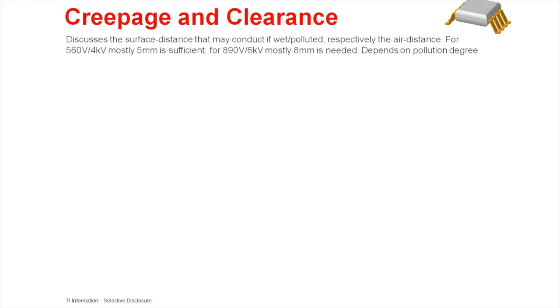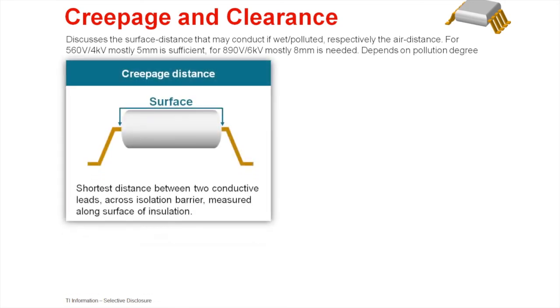The next spec is creepage and clearance. These are usually garnered from a mechanical engineering point of view, but are very important when designing any system. Creepage is the distance along the surface of the package from input to output. Here it's shown as the distance along the top, but it could also be along the side or the bottom.